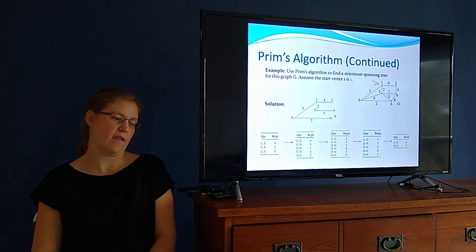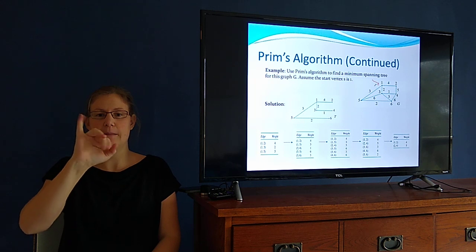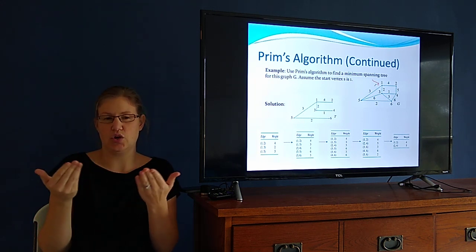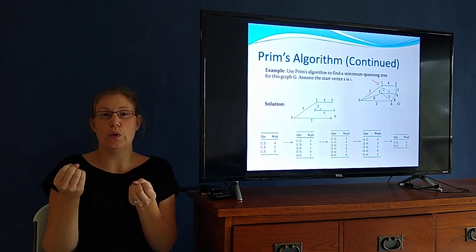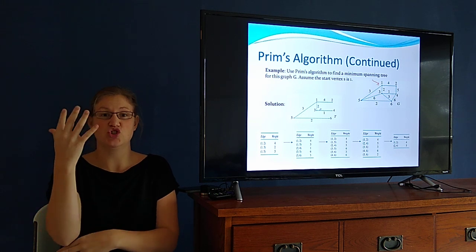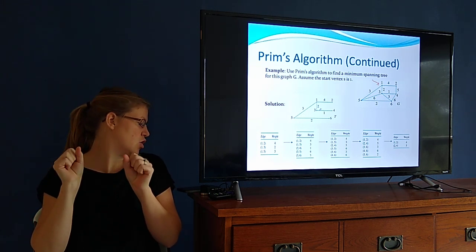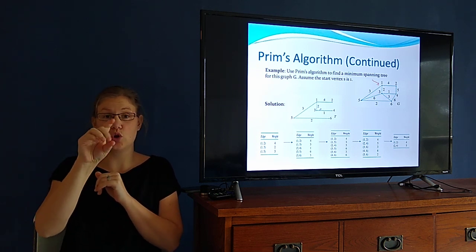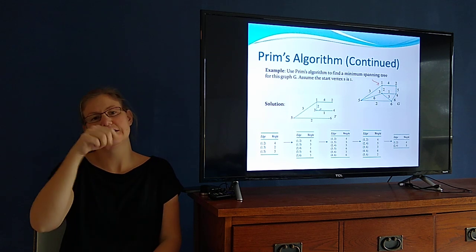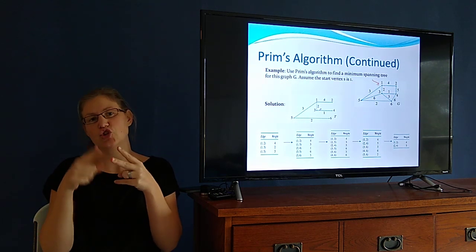The solution is given: you can see this is the minimal spanning tree, and there is no simple circuit. You can choose any two nodes in this spanning tree, and you can find a simple path between them.